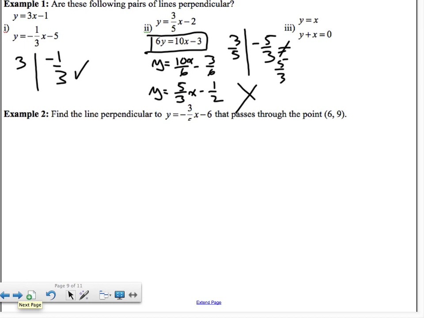Okay, how about the last one? No. How many people say yes, they're perpendicular? Raise your hand. Okay, that needs some more time to think about? Okay, I'll give you a minute to think about it.